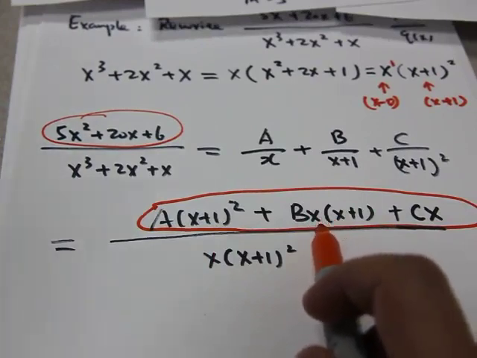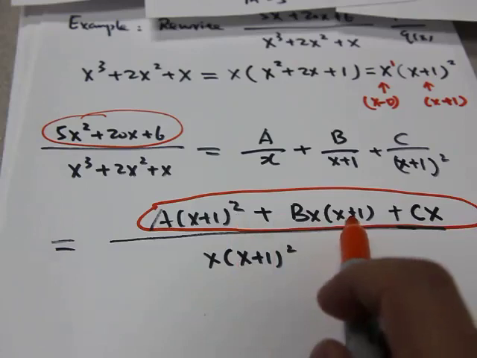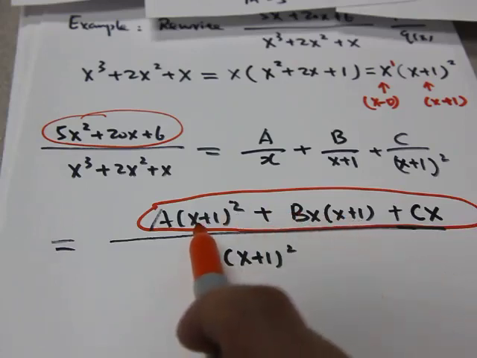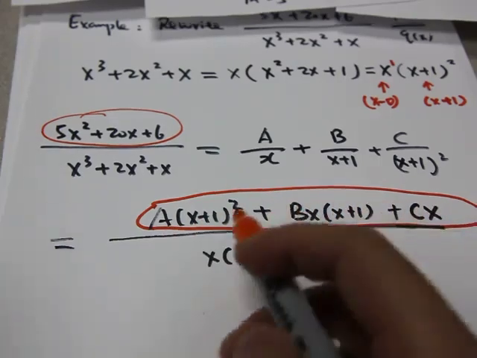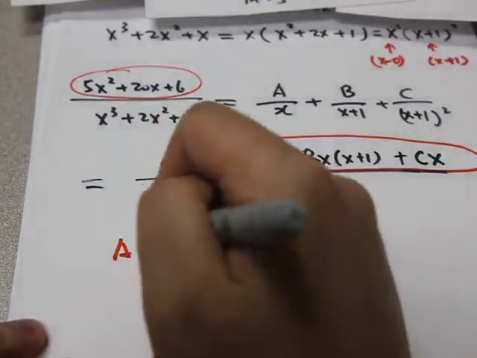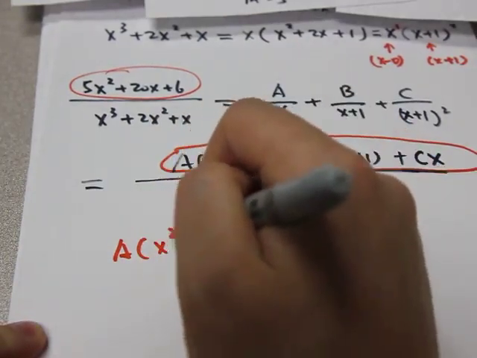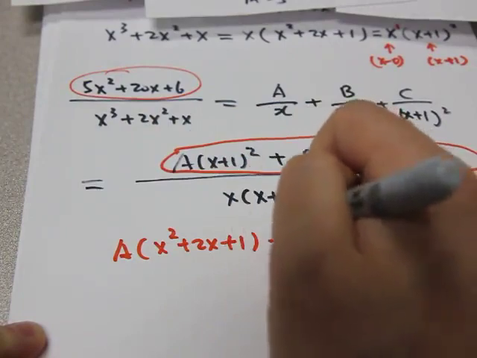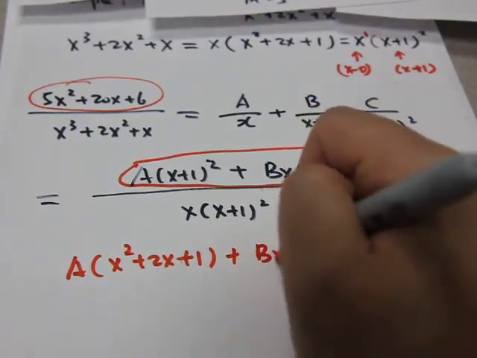So one way, the traditional way, is to use a system of equations, right? If you want to use a system of equations, you need to simplify this numerator: you multiply out (x plus 1) squared, and you distribute Bx into x plus 1.